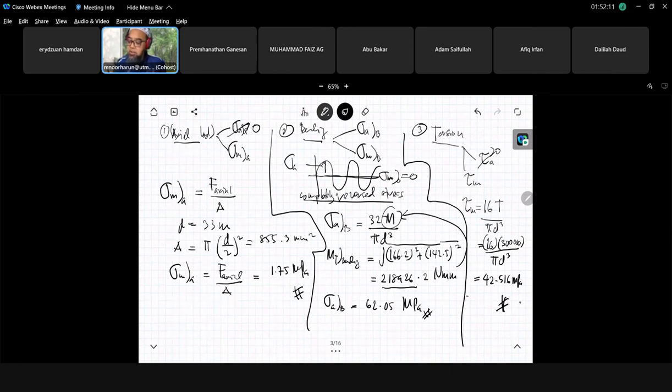For the torsion, you have mean shear stress. Okay, you have just three types of stresses. Then you need to combine. You need to combine means, means combined with the means and alternating combined with alternating.